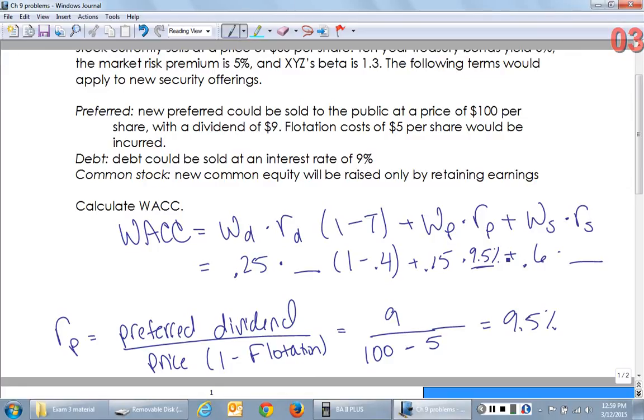The problem says that debt can be sold at an interest rate of 9%, so it gives you the debt cost without having to do any calculations. And so now we can calculate the cost of common stock.